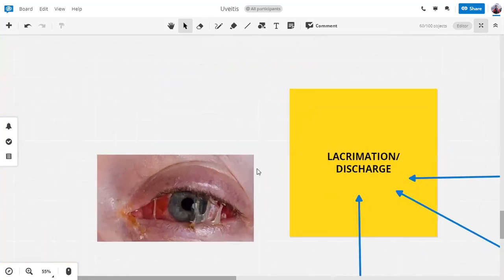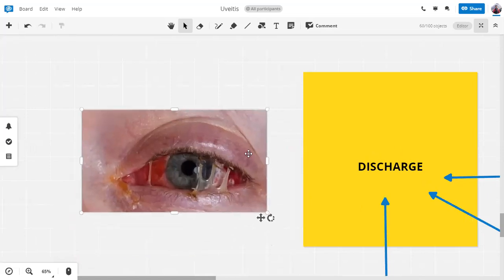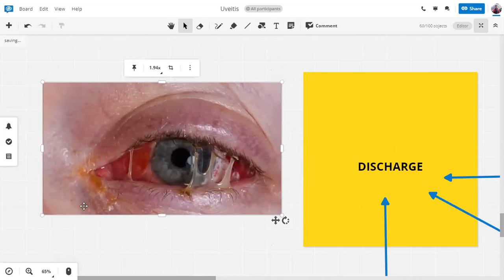A patient presents to you with a red eye, with complaints of, forget lacrimation, with complaints of discharge. This is the examination of the patient. What do you see? Mucoid discharge, redness, mucoid conjunctiva.